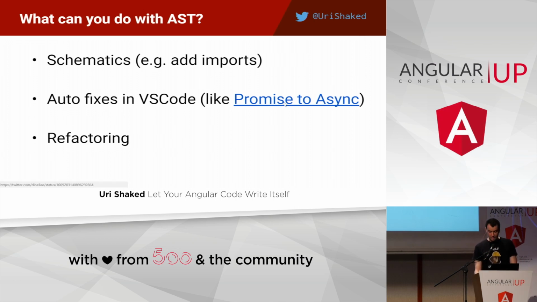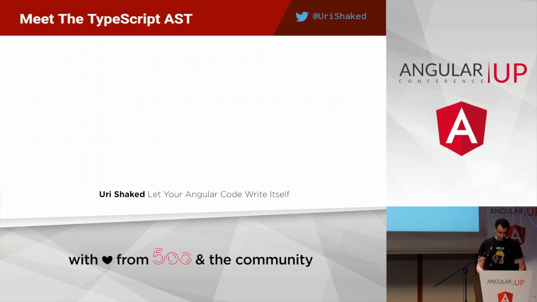So this is a link, check it out later, to some intern at Google that published some auto-fix for VS Code that can turn code with promises with a lot of then into async await automatically. I think that's amazing. Check it out later. There is a cool GIF. And you can also do all other kinds of refactoring in your code automatically, like we are going to do right now. So let's get familiar with the TypeScript AST.